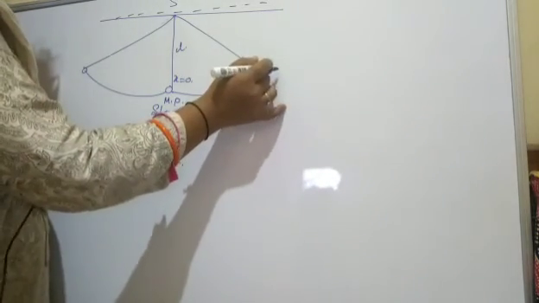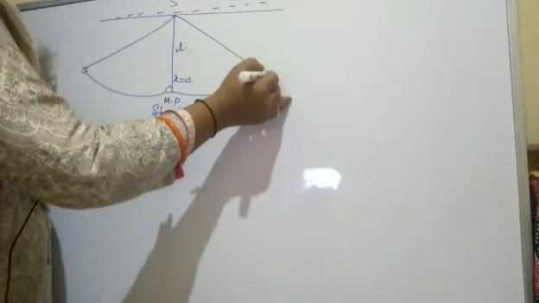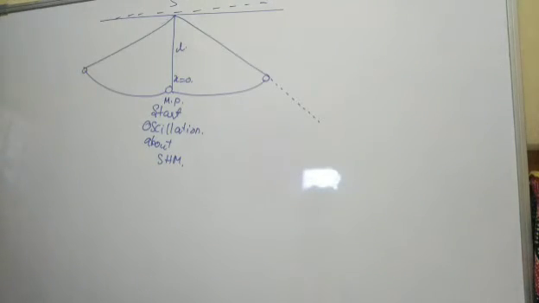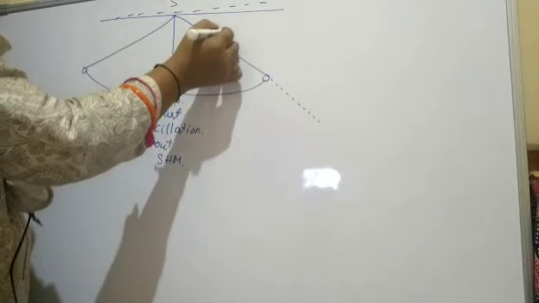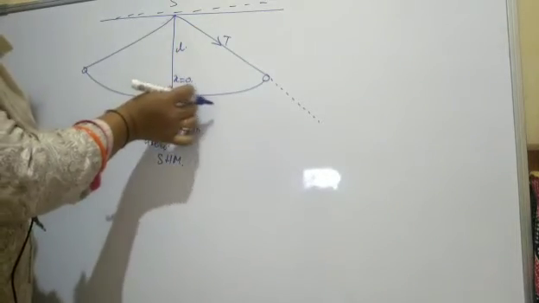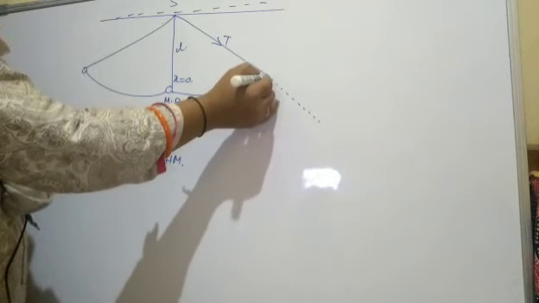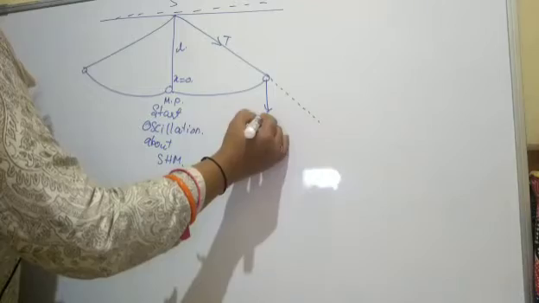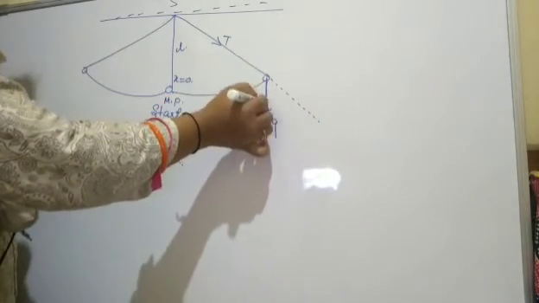If the bob moves to the next extreme position here, the weight is going to be resolved into two components. Before that, let us take the tension that is developed here. When it is moving in this part, the body is going to balance its own weight.